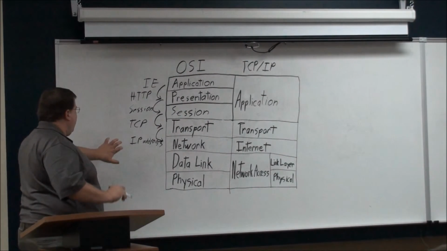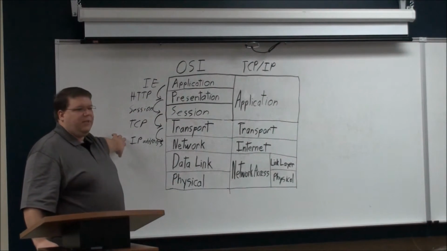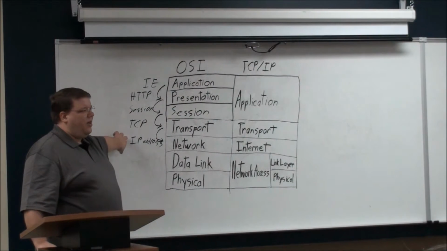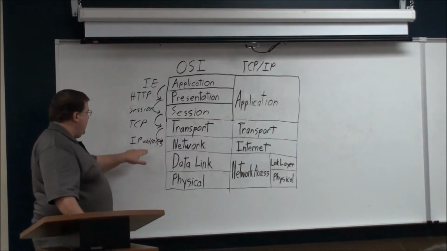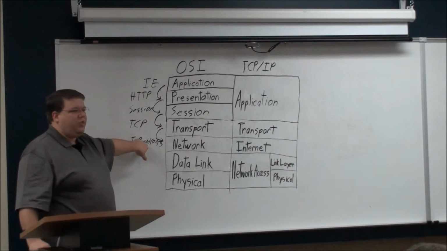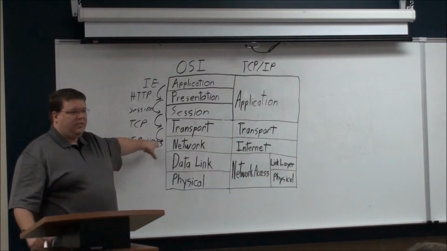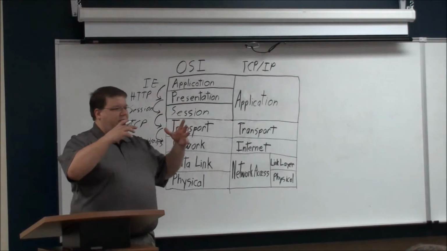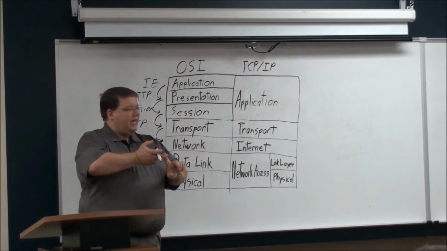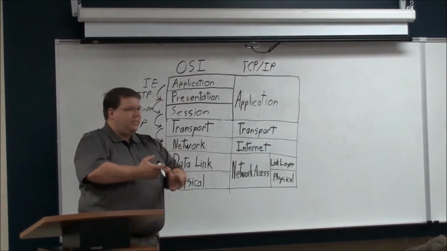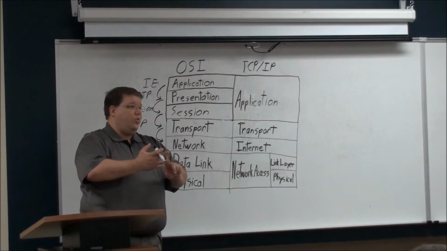Now, this is kind of like the universal address. Every system on the internet has an IP address. And this is what allows us to communicate between different networks. So you have your network at home, you have a network at school, you have a network at work.